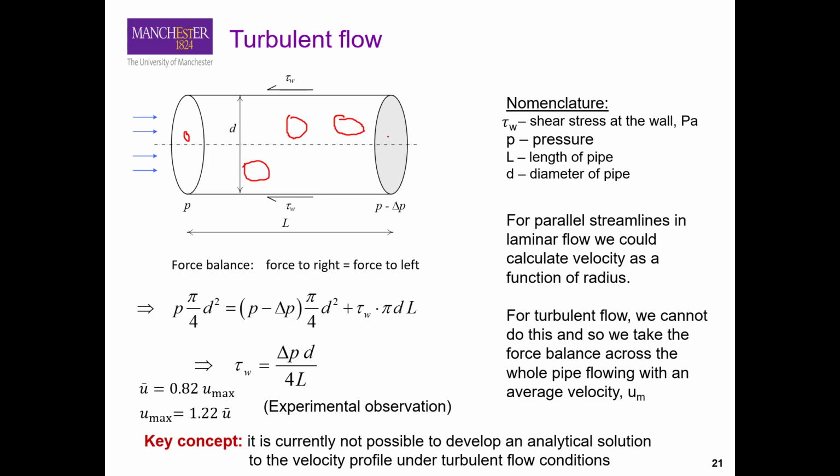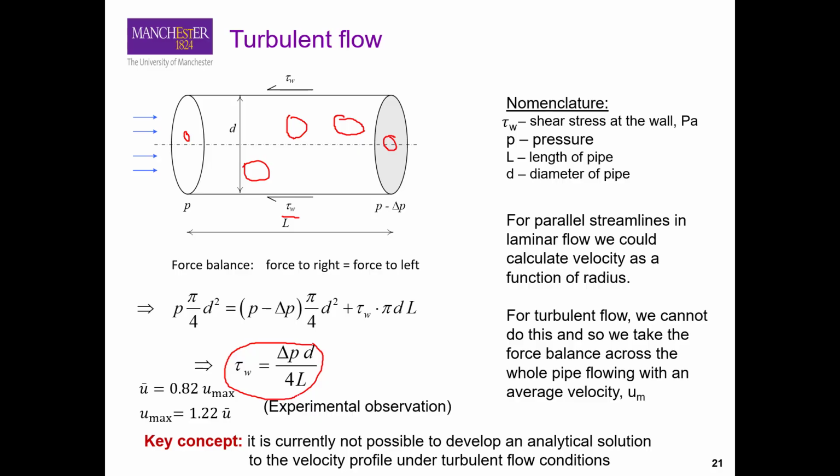So that is the force acting on the other end, that is P minus delta P times the cross-sectional area, plus this opposite shear stress. Okay, so that is tau times the surface area, pi d L, where L is the length of this channel. And we came up with this equation here, that is tau W is equal to delta P D over 4L.